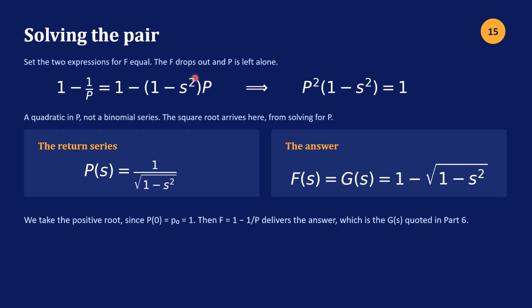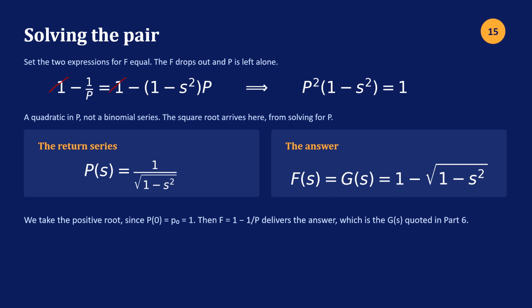So as we saw in the last slide, we found two different expressions for f. 1 minus 1 over p, and also 1 minus s squared p. We can cancel the 1. Maybe I should draw on the slide. So the 1's cancel out.